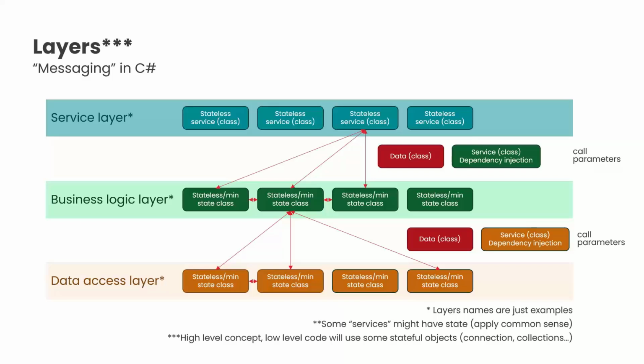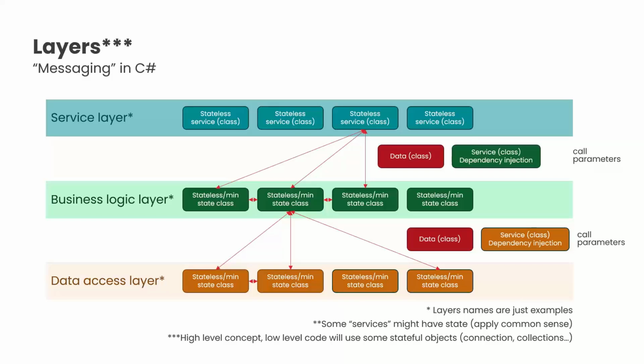We have the service layer on the top, which gets the requests or messages from somewhere, maybe from other libraries, not necessarily from the network. Those stateless services are then using other classes from the business logic layer, calling them directly and passing data as classes, or maybe some other service classes as dependency injection.